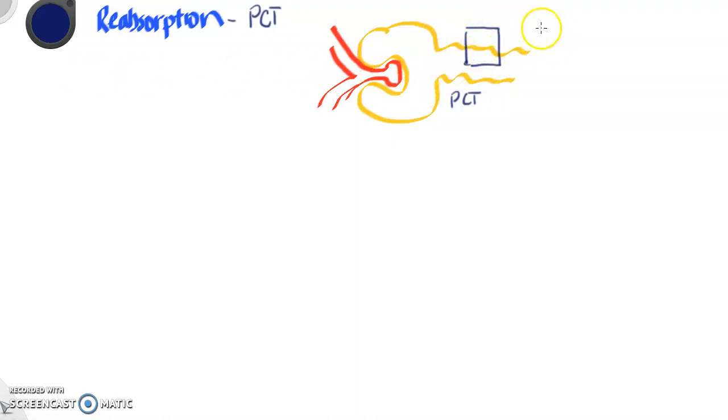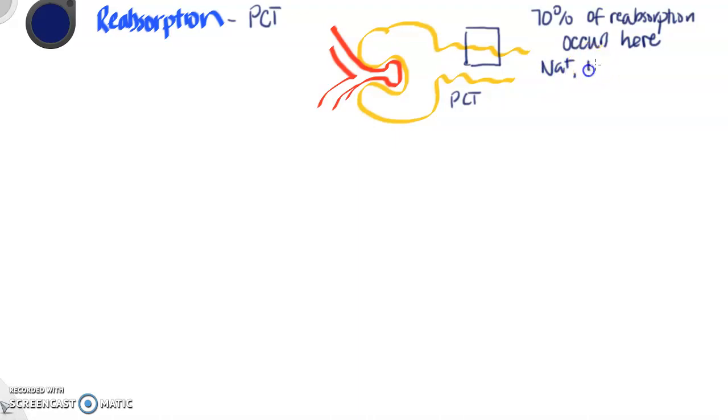So the PCT, basically about 70% of reabsorption occurs here. So that's a lot. Okay, so we're absorbing all kinds of stuff.